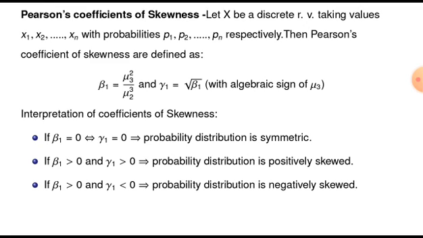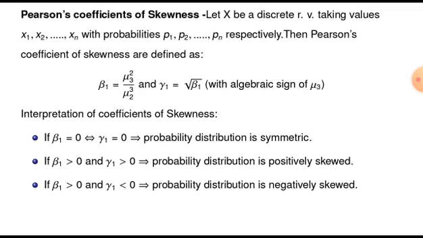So by computing second and third order central moments, we can compute beta 1, and from beta 1 we can compute gamma 1, and based on these two coefficients we can interpret the results.